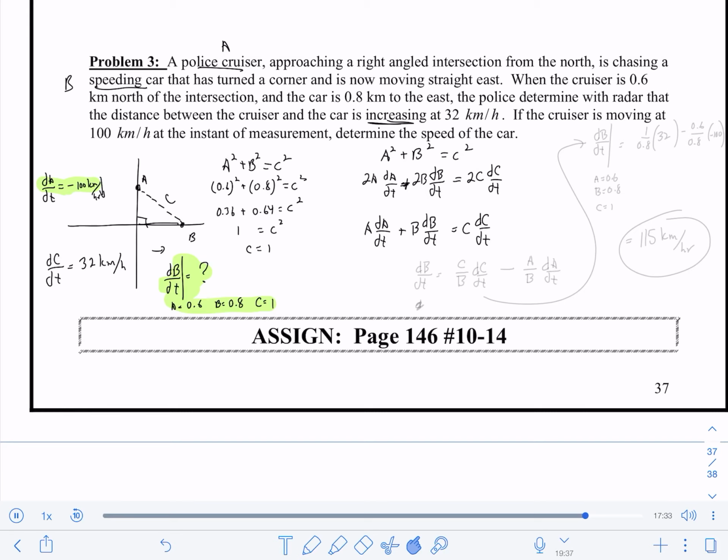So I'm going to say that dB/dt is going to be C over B dC/dt minus A over B dA/dt. Okay, so that's our dB/dt.